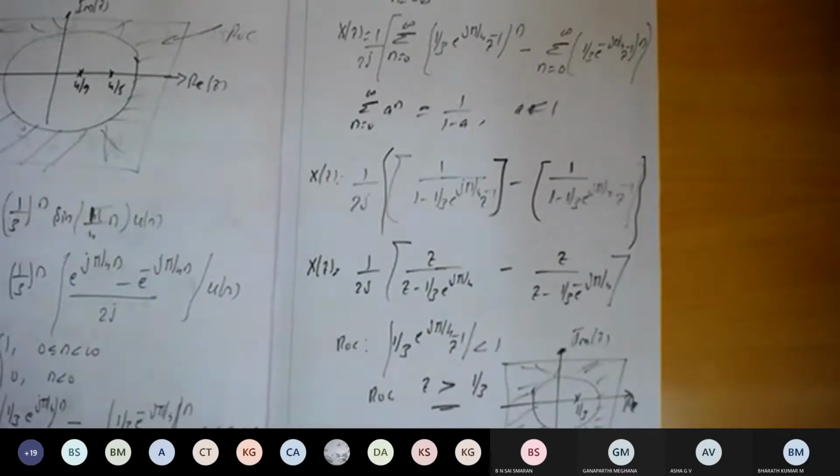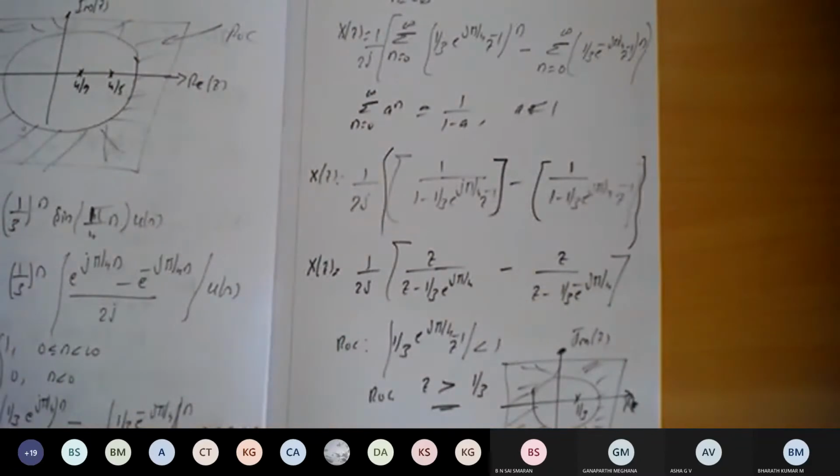The same thing we'll make as properties and we'll evaluate those things. So the next concept is the properties of ROC.